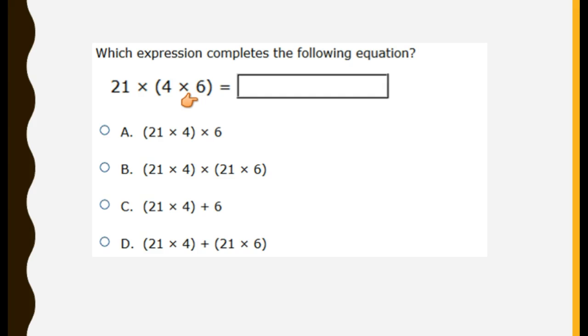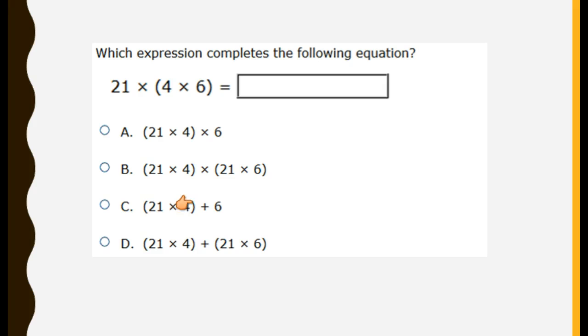Okay, so we know that there's the commutative property, and then there's the associative property. And if they're rearranged like those two things, then it's going to be equal to this. So let's see if there's any of these down below that rearranges the numbers in such a way that we could write it over here and it would still be equal to this.